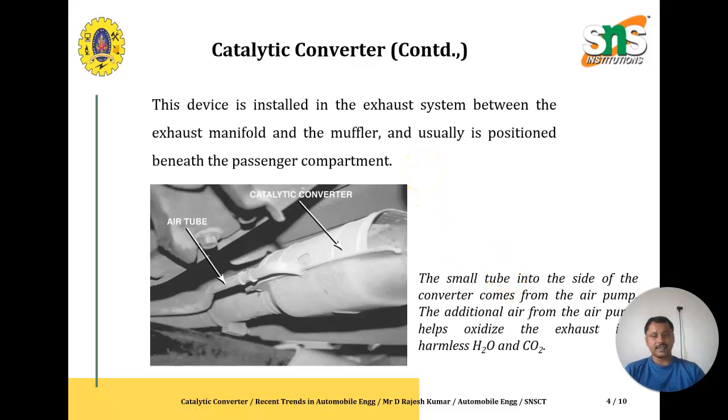This device is installed in between the exhaust pipe and the tailpipe. So the exhaust pipe from the engine carries the burnt fuel that is sent through the catalytic converter, which converts the harmful gases into harmless gases and sends them to the tailpipe as harmless gases.